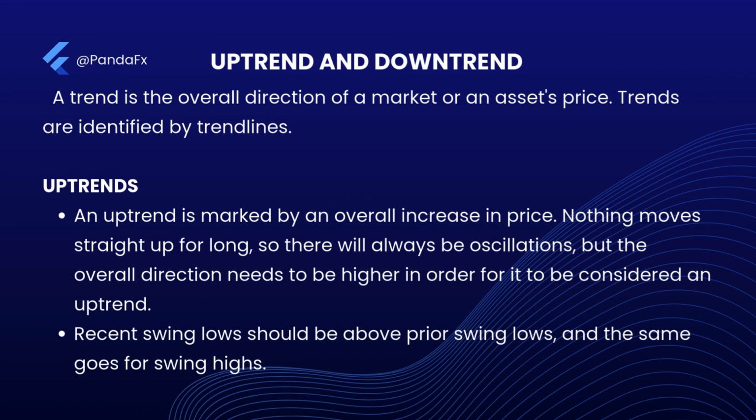And if you look at the different price legs within a trend, if each new swing high is higher than the prior swing high, then that's an uptrend. It also goes for the swing lows. If the new swing low is higher than the prior swing low, then that's an uptrend.